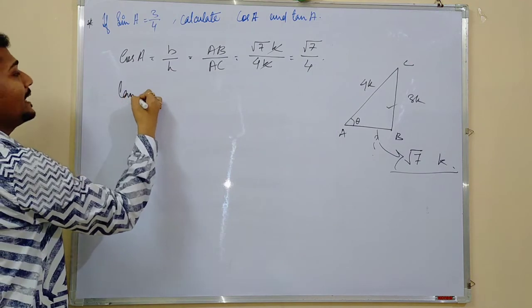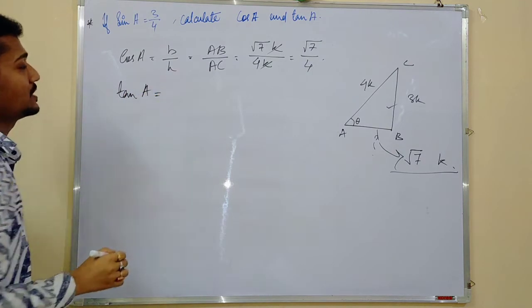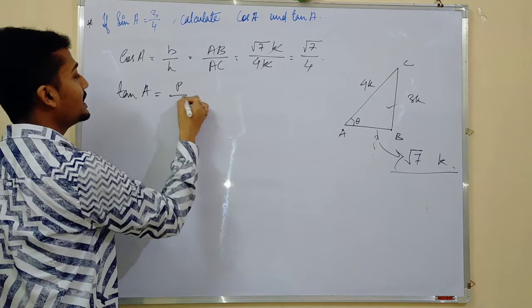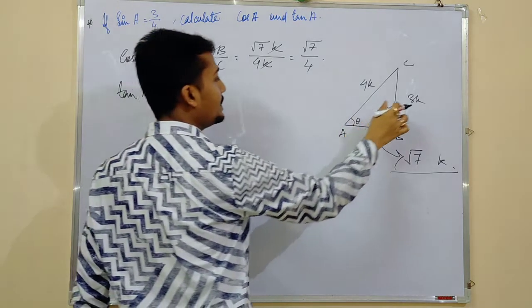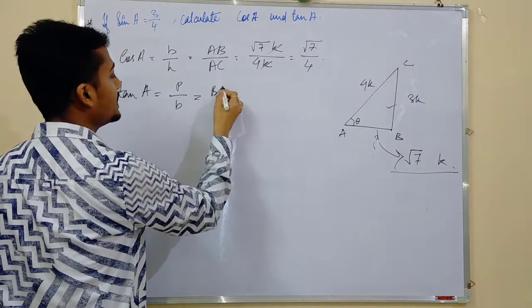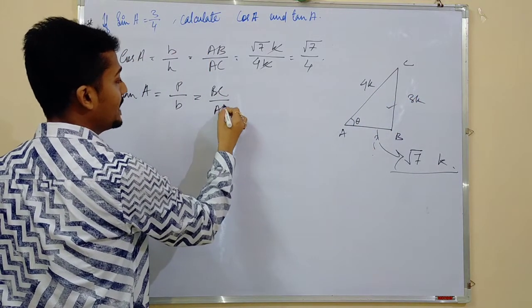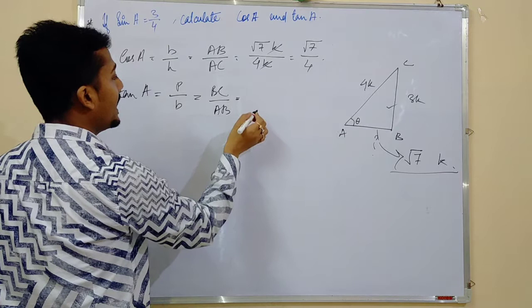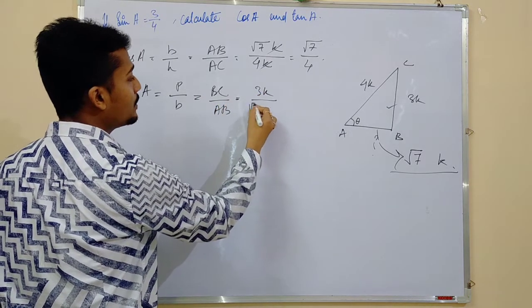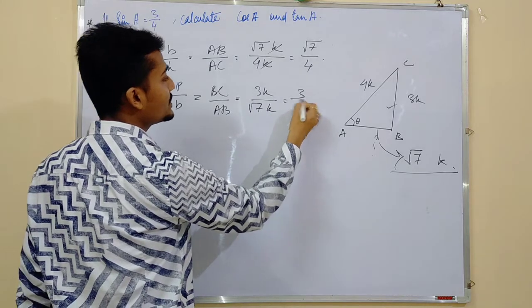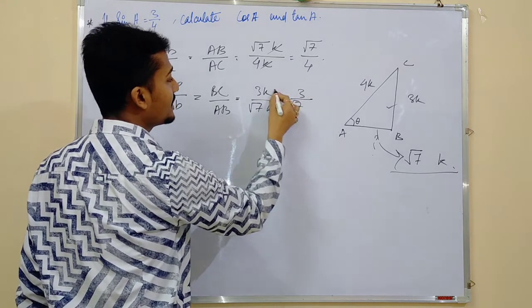And tan A is equal to how much? Tan A is equal to P by B. P will be BC, B will be AB, this one is the base. BC is equal to 3K, and AB is equal to root over 7K, so it is 3 by root 7.